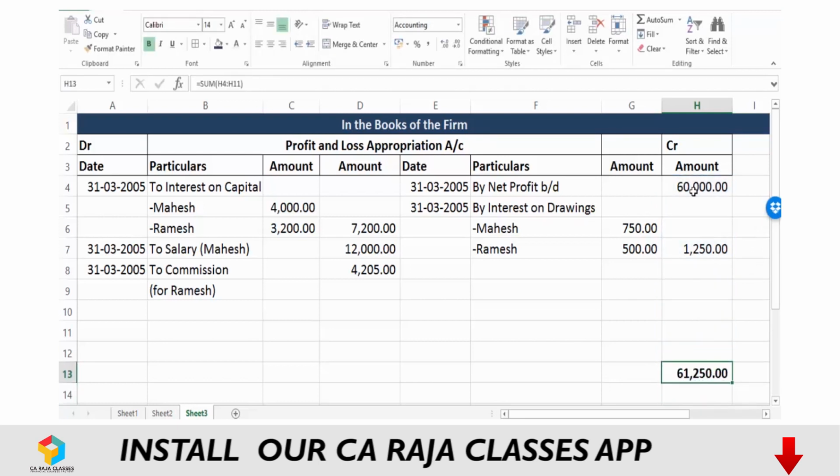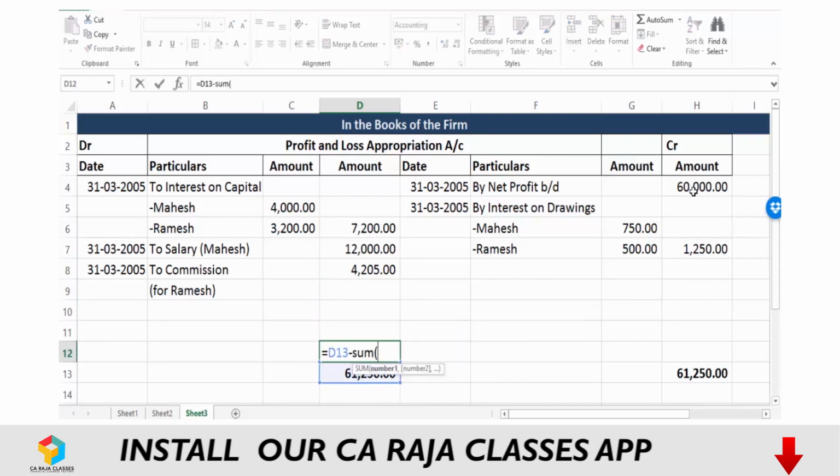On the debit side we have lesser, hardly three items, which all put together are around 23,400. Now I have to find out the difference here: 61,250 minus the total of these three items. So I get 37,845. This is nothing but the profit which should be transferred to partners' capital account.